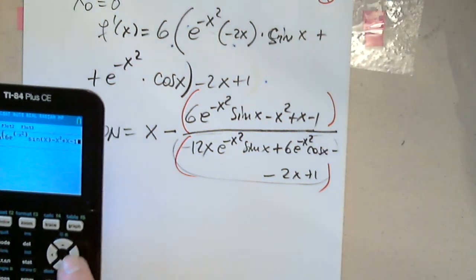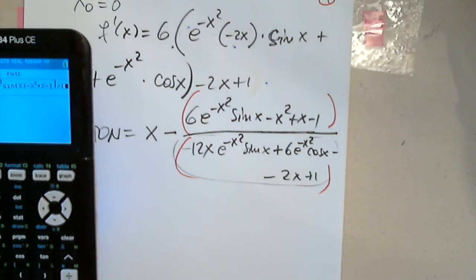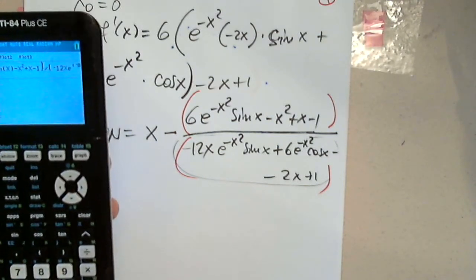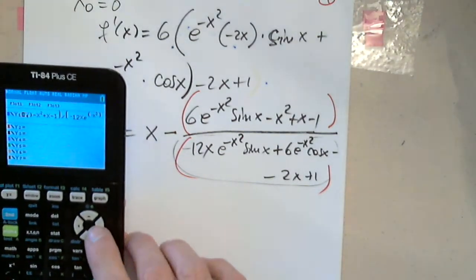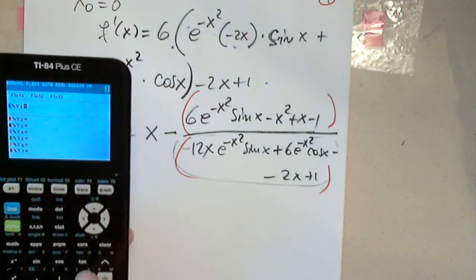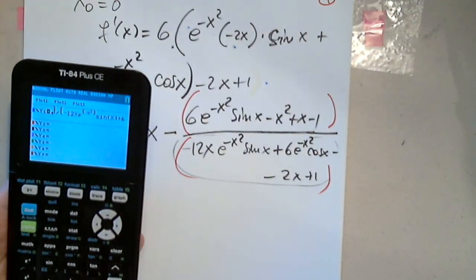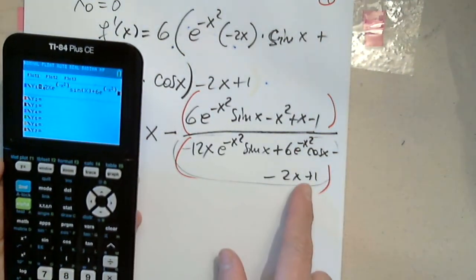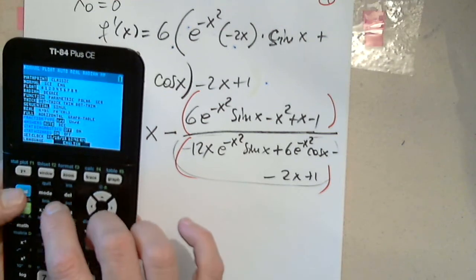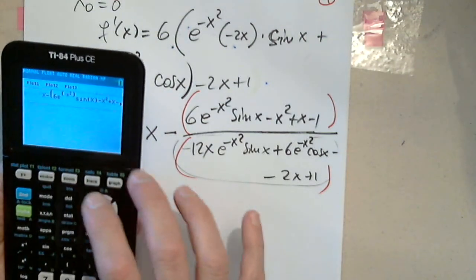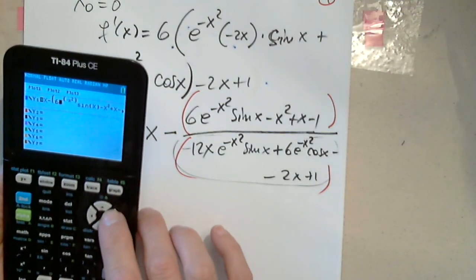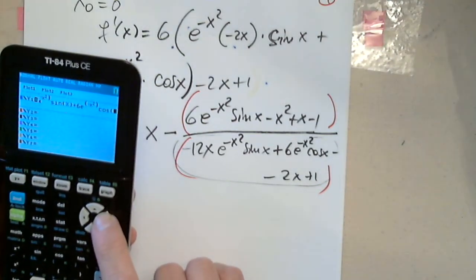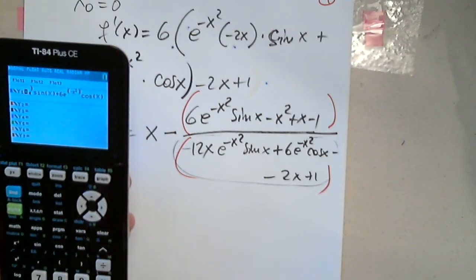Go all the way, close the parenthesis, and now divide, open another parenthesis, negative 12x e in parentheses, negative x squared, close the parenthesis, up there, sine x, close the parenthesis, plus 6 e in parentheses, negative x squared, close the parenthesis, up there, cosine x, close the parenthesis.